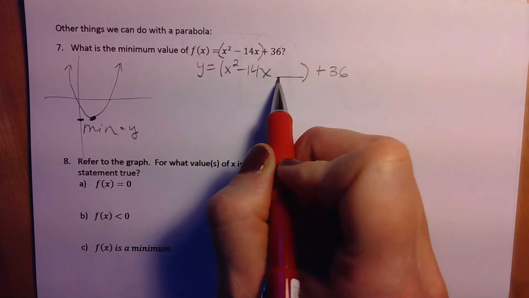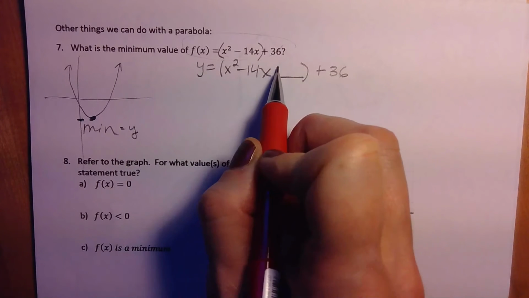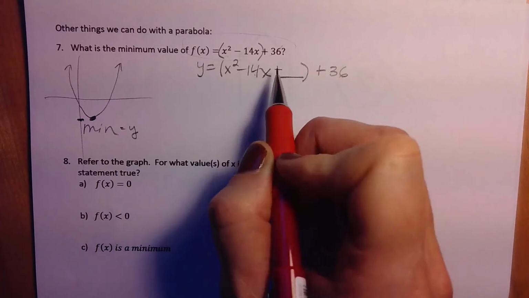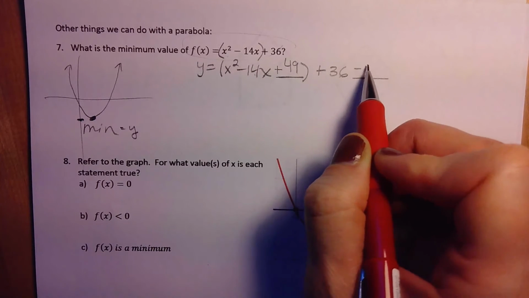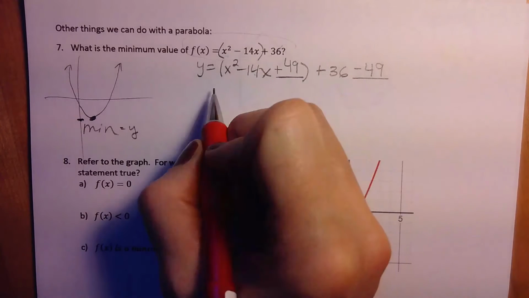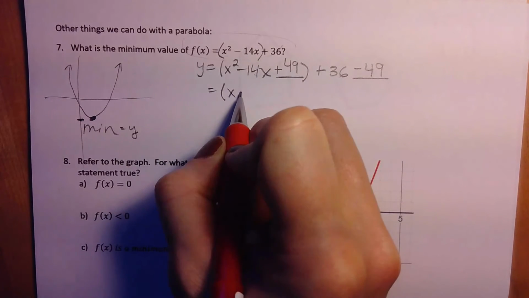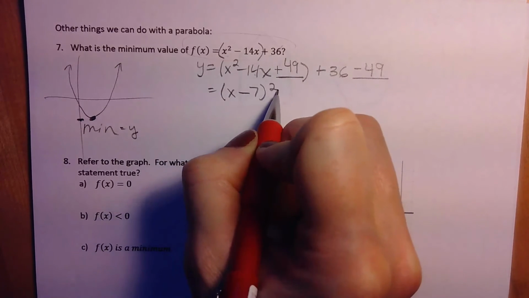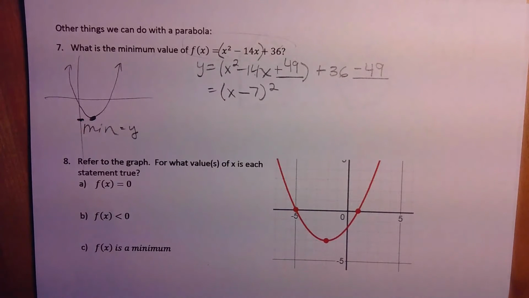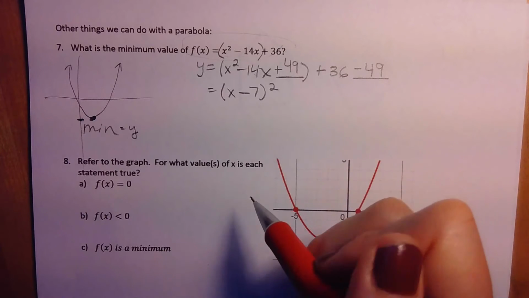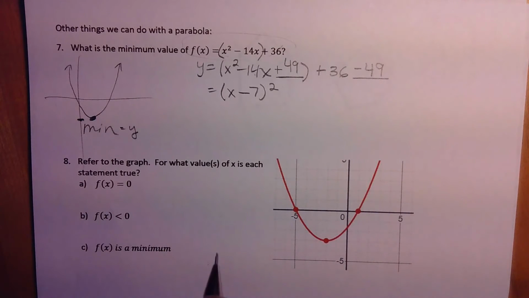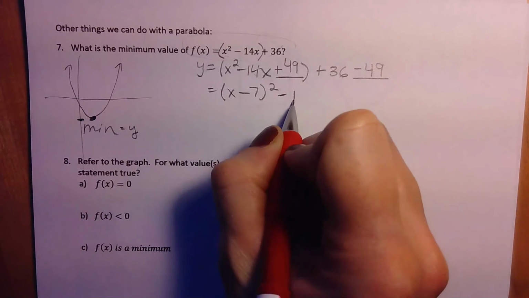Okay, so we are going to add half of 14 is 7. 7 squared is 49. All right, then we account for that by doing a minus 49. All right, let's see, 49 and 36 is what? 13, minus 13.